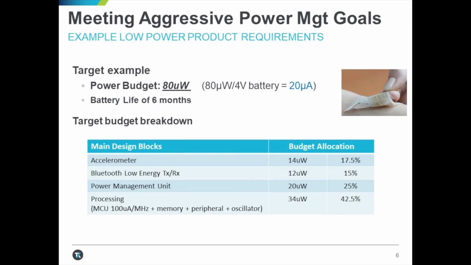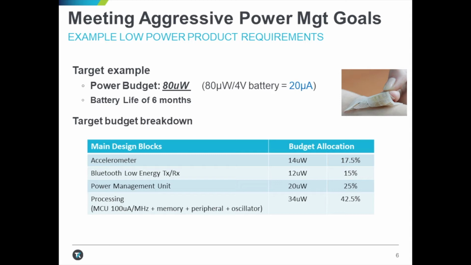To put things further into context of what's typically faced, a designer may be given a design requirement in the example above of a wearable BLE sensing device that would require a power budget of no more than 80 microwatts.